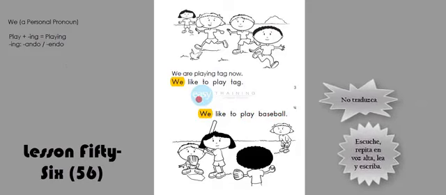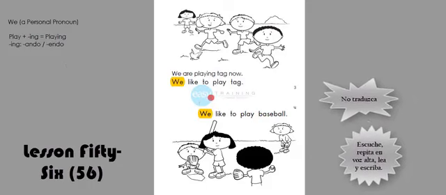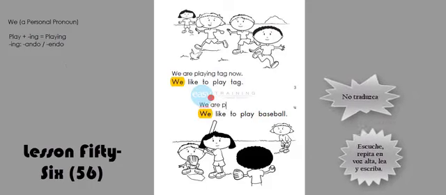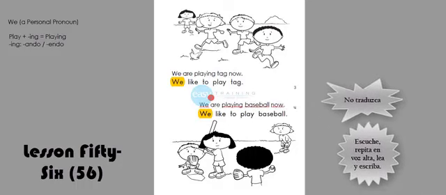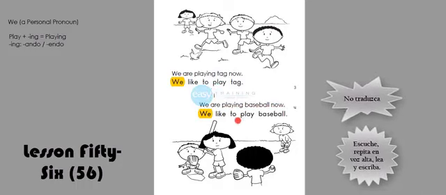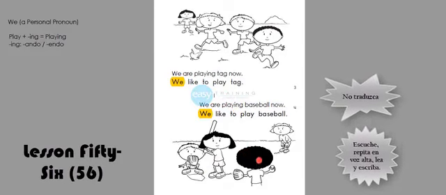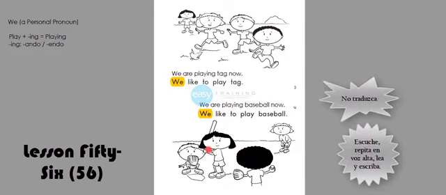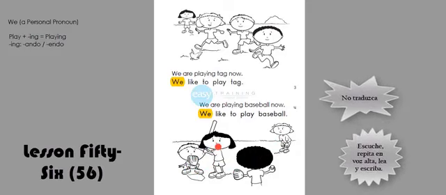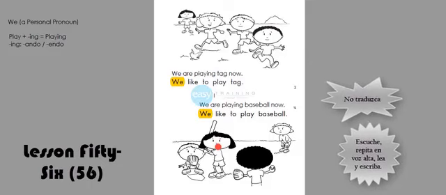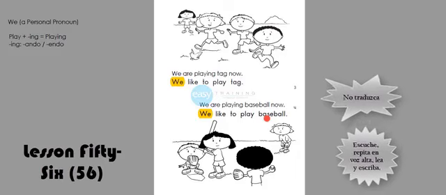And I would say, we are playing baseball now. Look, here is the picture. Here are the kids. We can see that they are playing baseball now. Hasta ahora tenemos dos games, tag and baseball. Let's turn the page.